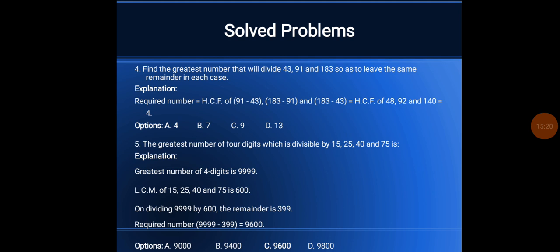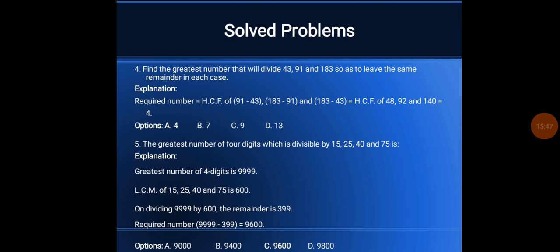So the required number is equal to the highest common factor of the differences, so we subtract each number. 91 minus 43, 183 minus 91, 183 minus 43, we get 48, 92 and 140. The HCF of 48, 92 and 140 is 4.